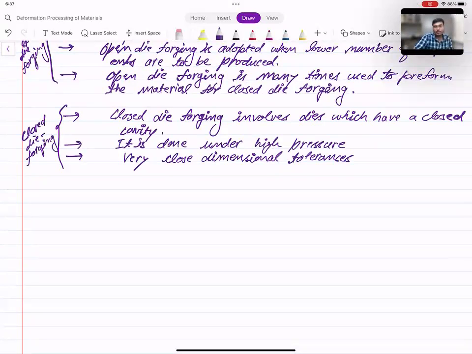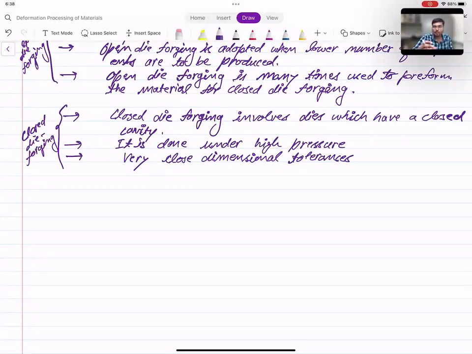And again, as I had mentioned about the flash, due to that phenomenon, closed die forging is in fact known as impression die forging. Because the material is formed using a closed cavity system, but part of it flows out in the form of flash.